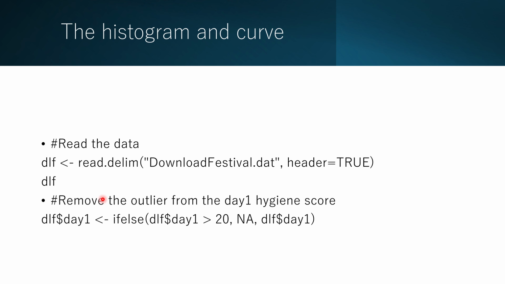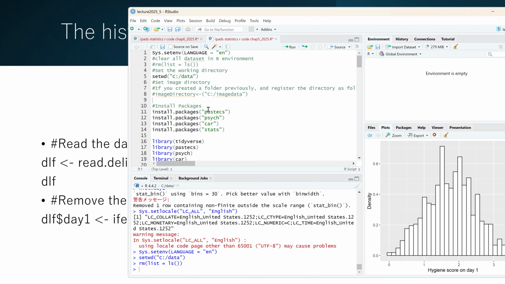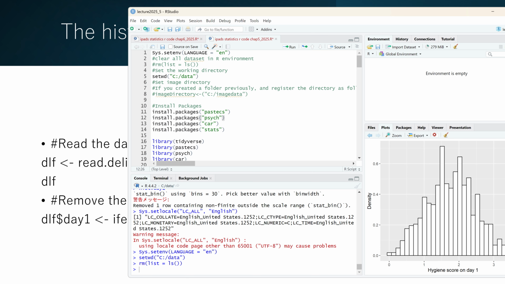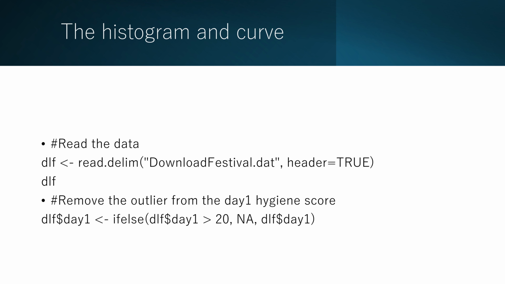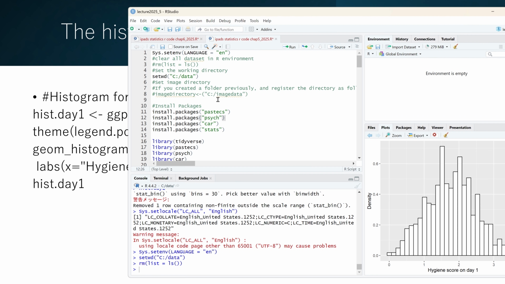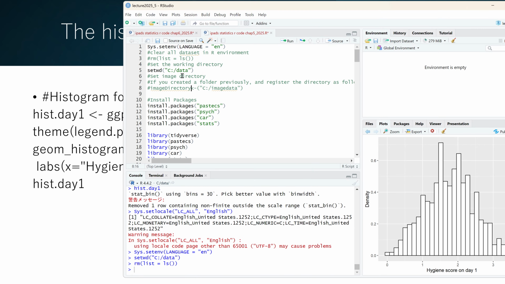This is the data. Okay, we can see it like this. We set the working directory and install packages if you haven't.